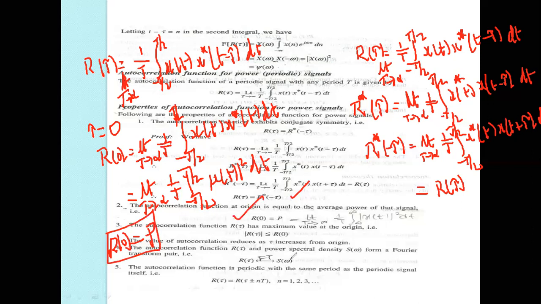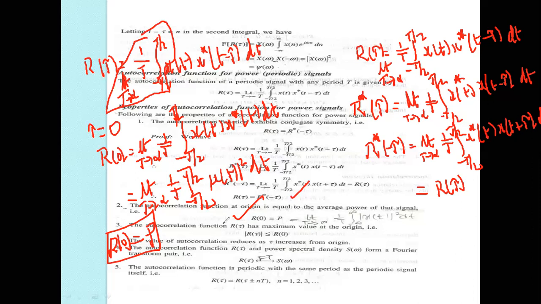And the third property is also the same: the autocorrelation function R of tau has its maximum value at the origin. R of 0 is greater than or equal to R of tau, or R of tau is less than or equal to R of 0. The expression we derive is the same for the energy signal and the power signal, only the change is the limit t tends to infinity, 1 by t, the integral from minus t by 2 to t by 2.